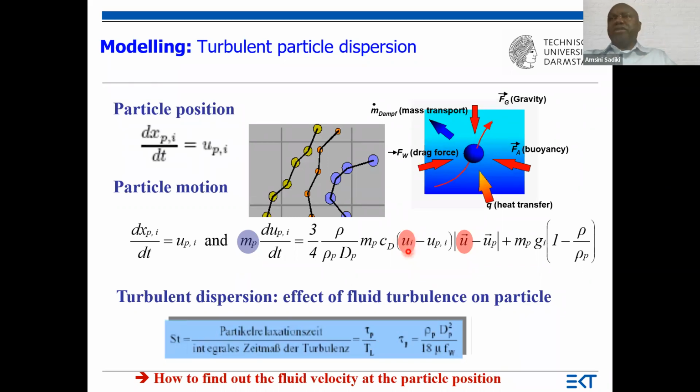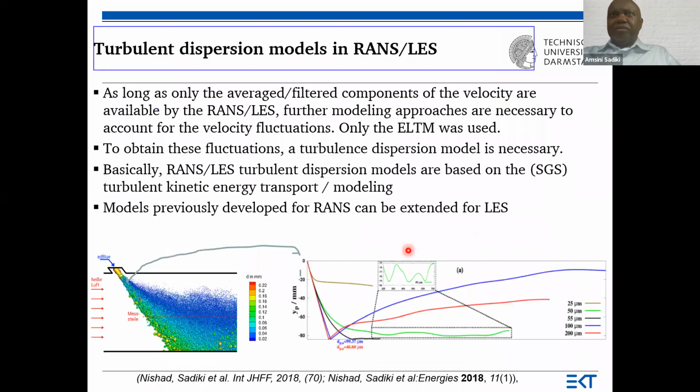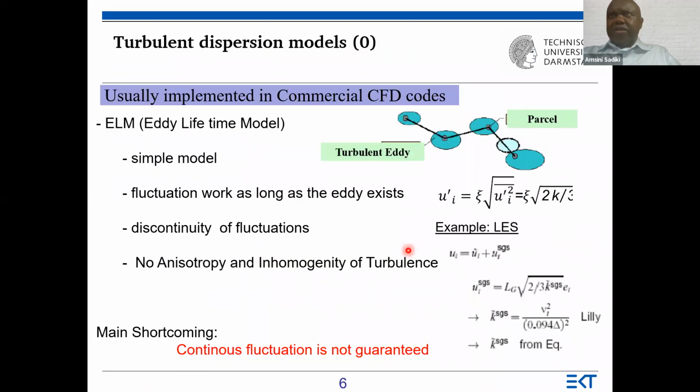Normally, if we use RANS, I think I provided it here. If we use LES, we have the filtered part and the subgrid scale part. And we get from LES only this quantity, so we have to add this other quantity.